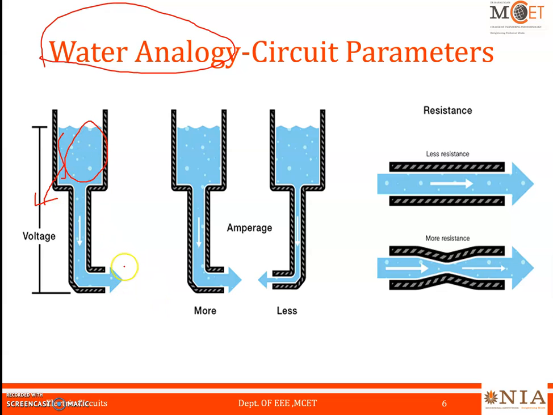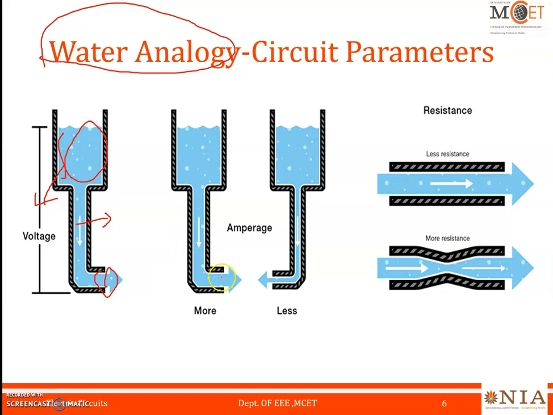If you open the tap, what will happen? The water will flow. The water flow is related to current flow. Depending upon the pipe diameter and the pipe opening, you will have the current flow. If you have a wide opening, the water flow will be more.